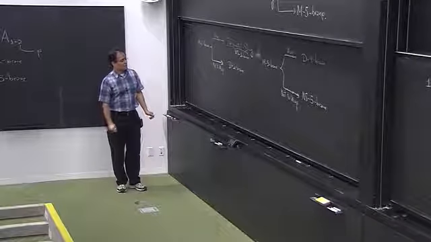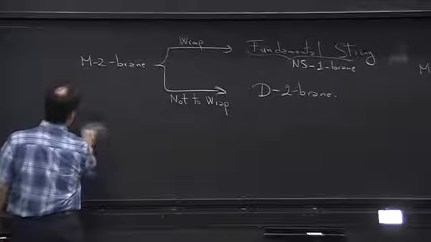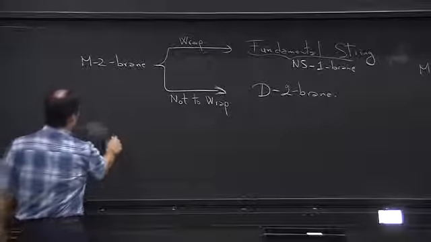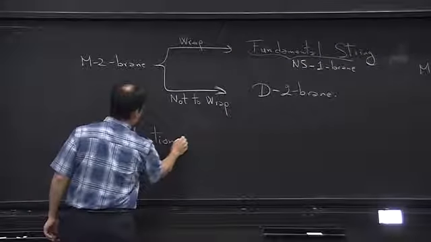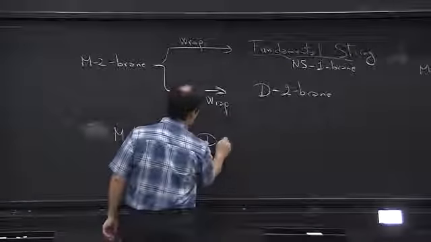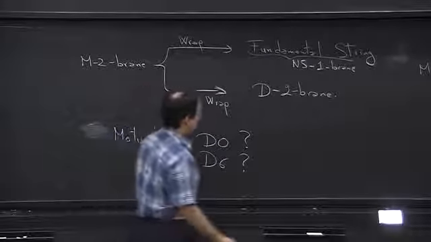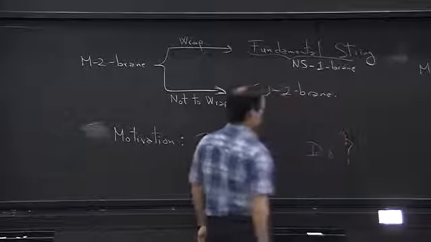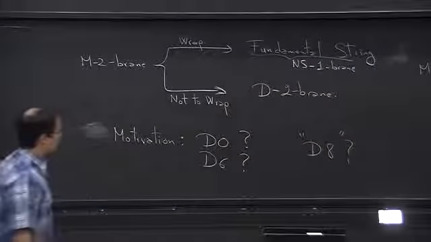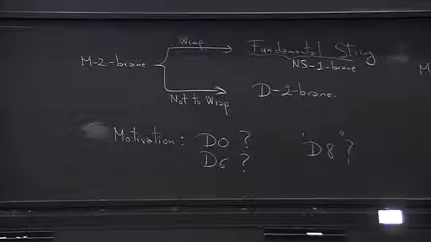So this whole story is just to motivate you to answer those questions. How about the D0 brane? How about the D6 brane? And yesterday, we also had that question of, what is this DA brane? Why don't we see it? Okay. Very good.